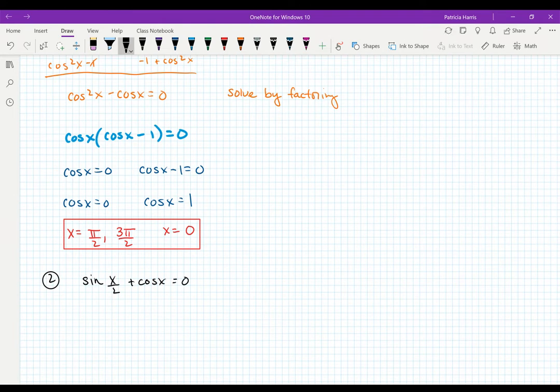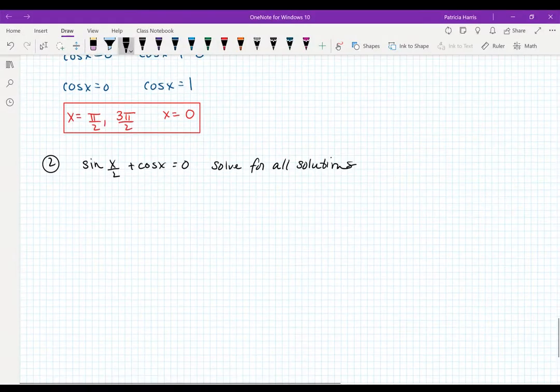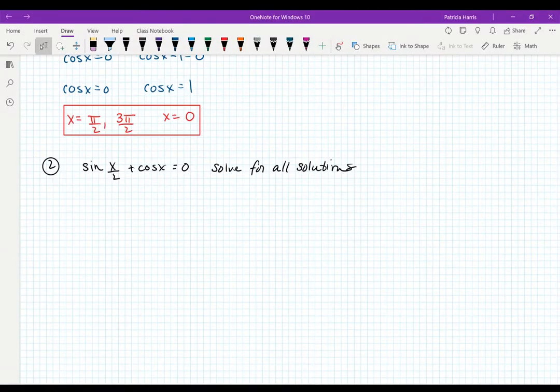But I want to solve for all solutions. Okay, so again, we want to kind of make our periods match. So I'm going to replace my sine x over 2 with the identity.